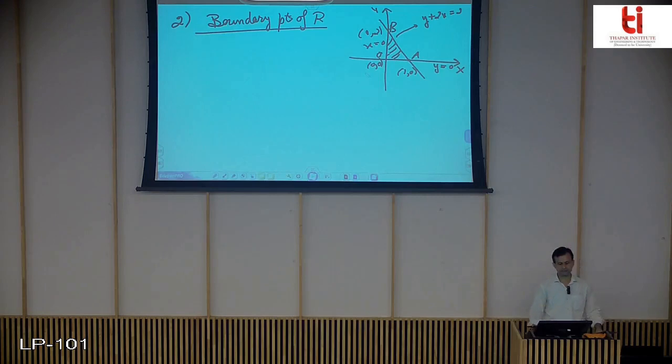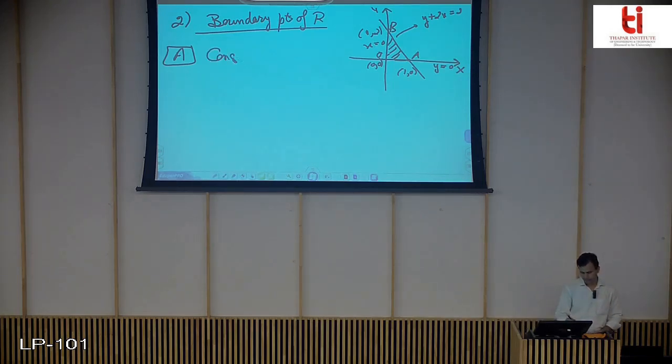Now we want to find the extreme values on the boundary of the region. We divide the boundary into 3 lines, OA, AB and BO, because this is the whole boundary. Instead of looking at the whole boundary, we divide it into 3 parts.